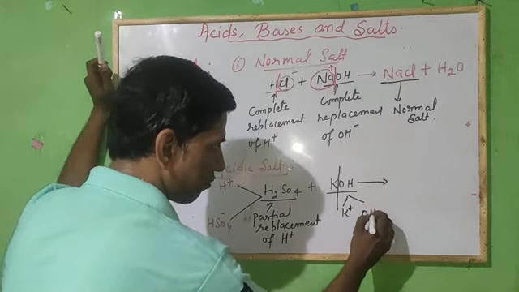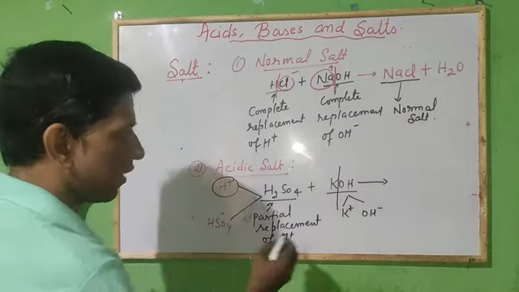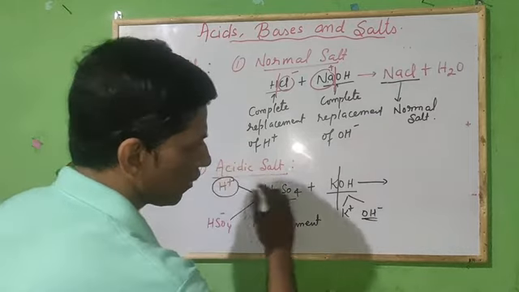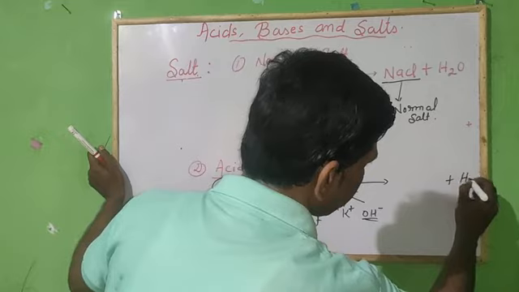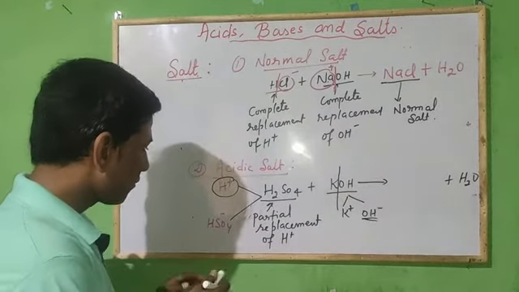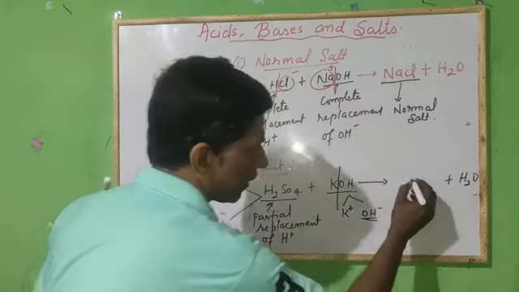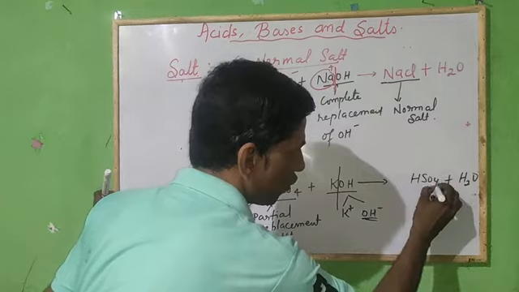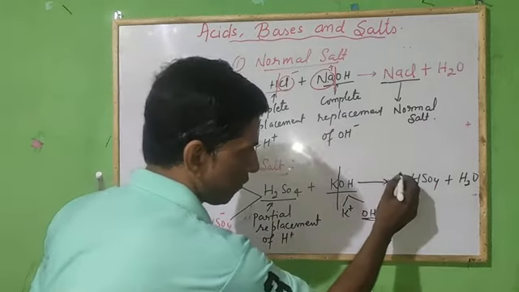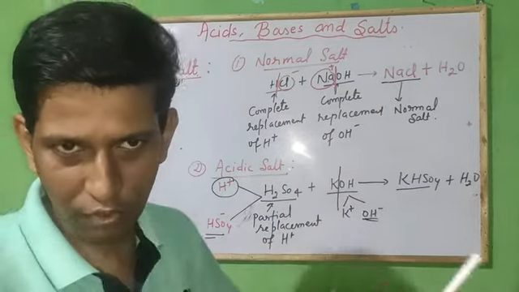So you can see that H plus of this and OH minus of this combine to form water. But what about the salt? You can see here HSO4 minus, and here K plus. So this is the salt, and this salt is an acidic salt. Why?